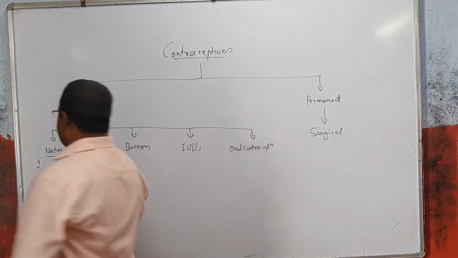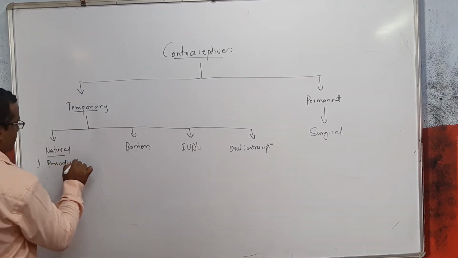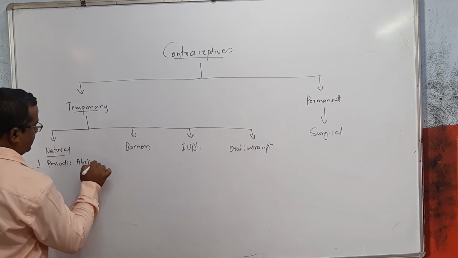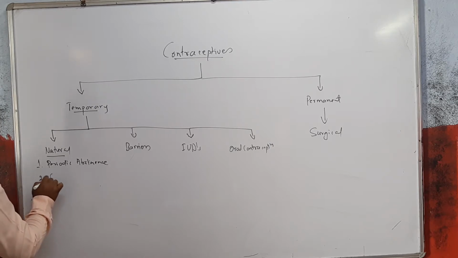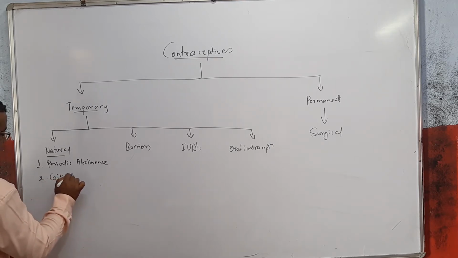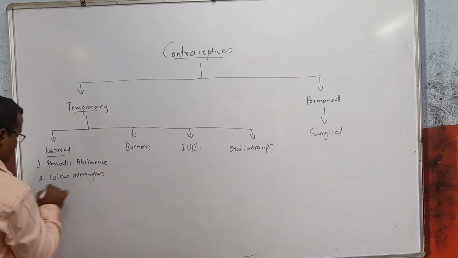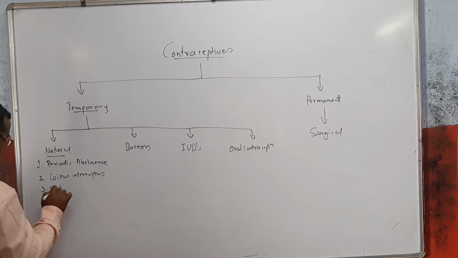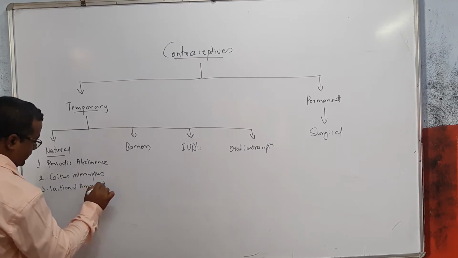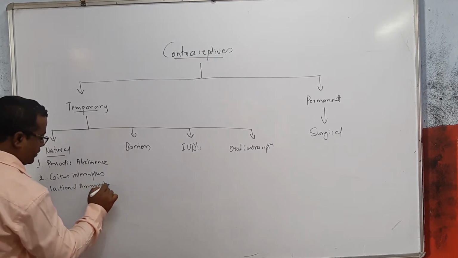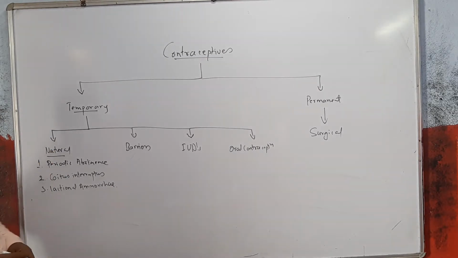So in the natural methods, one is periodic abstinence, second, coitus interruptus, third, lactational amenorrhea. Okay students? So these three belong to the natural method.